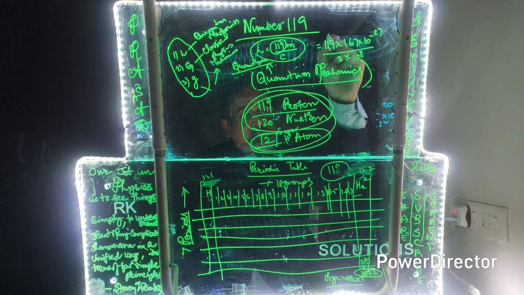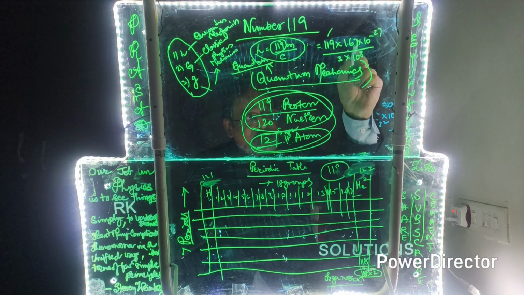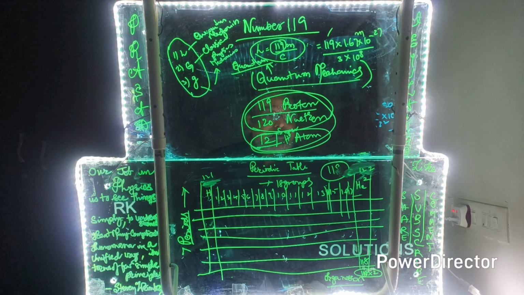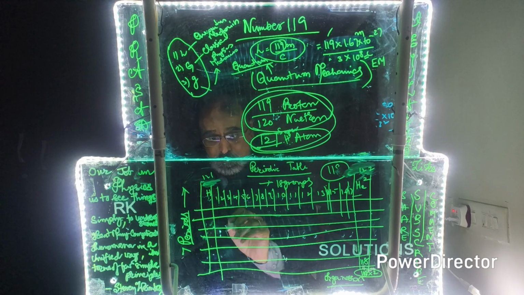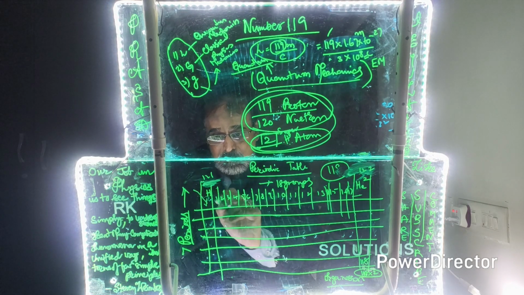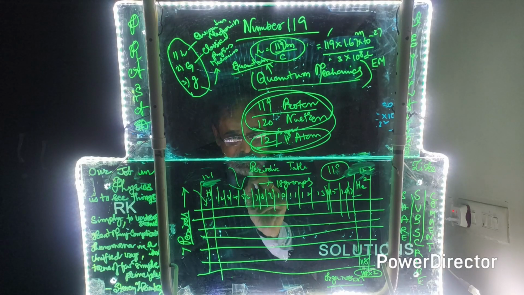Meaning, when 119 protons come together, they divide into C number of particles. This C number of particles is nothing but electromagnetic radiation. This electromagnetic radiation supplies energy to the whole of this table.